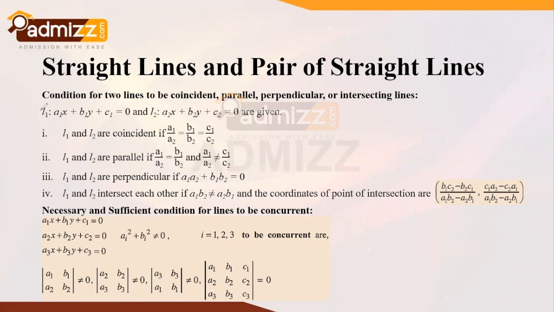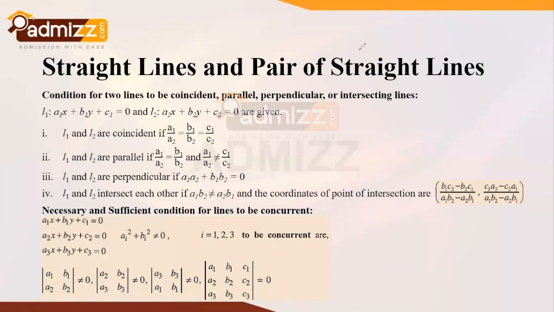So let's say that we have two different lines, namely L1 and L2, and the equations are given as a1x plus b1y plus c1 equals 0 and a2x plus b2y plus c2 equals 0. Now L1 and L2 are coincident if a1 upon a2 is equal to b1 upon b2 is equal to c1 upon c2. If this ratio is satisfied, then we can conclude that the given lines are coincident.